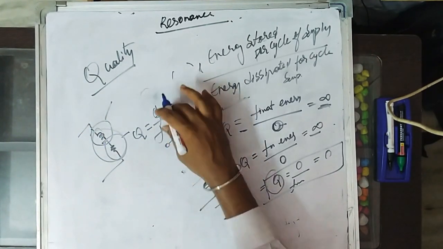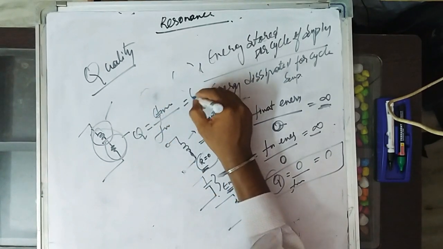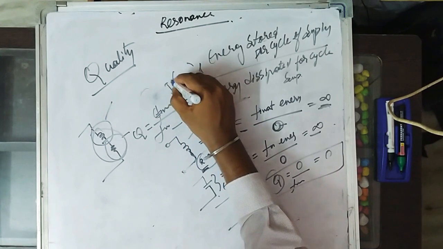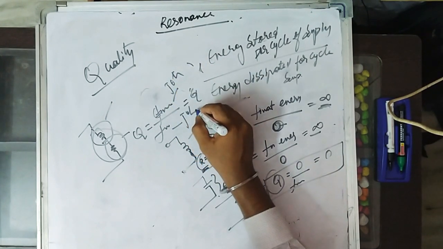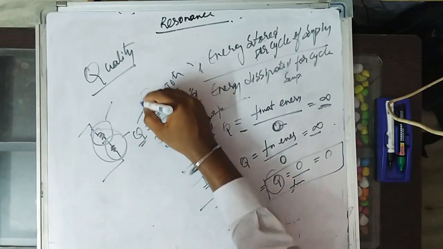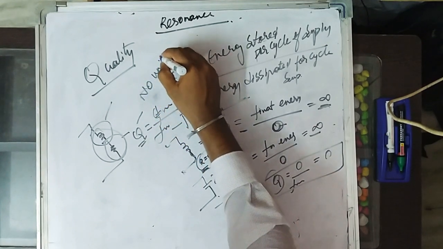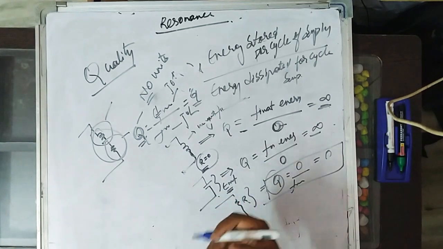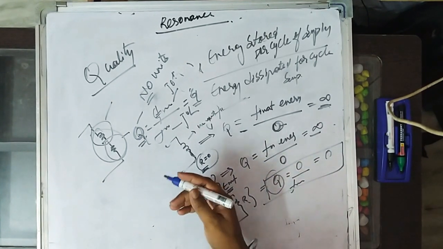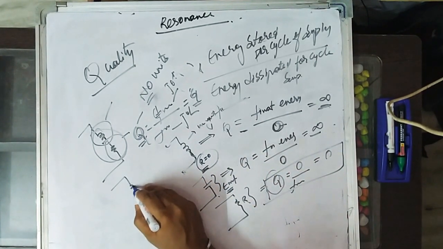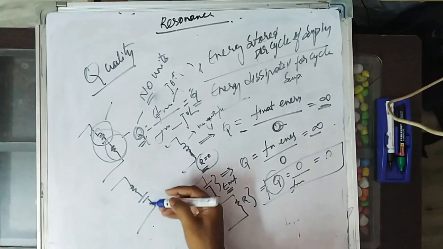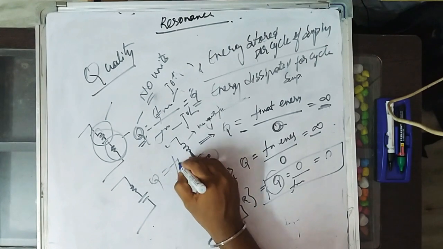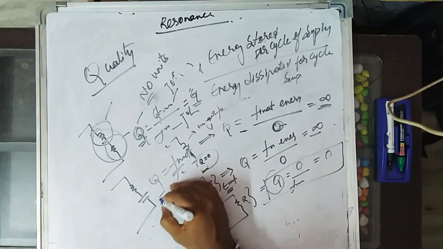So the quality factor will be finite. Since energy stored and energy dissipated are both in joules, the quality factor has no units. Similarly, a resistor in series with a coil also has a finite quality factor.